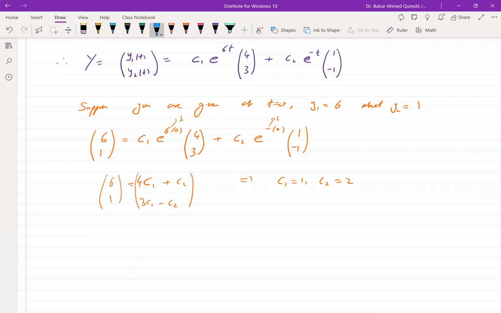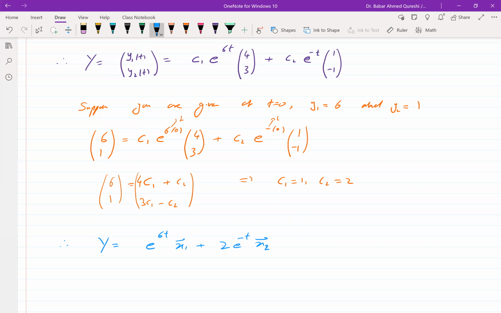That will solve it, as you can easily see. So my solution with these initial conditions is e^(6t) times x1, you can write it this way, plus x2 part. And you can notice one thing over here.